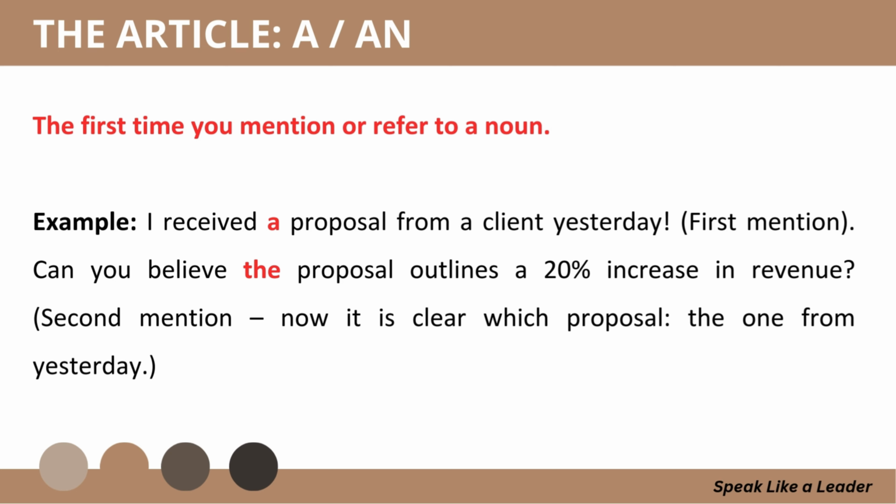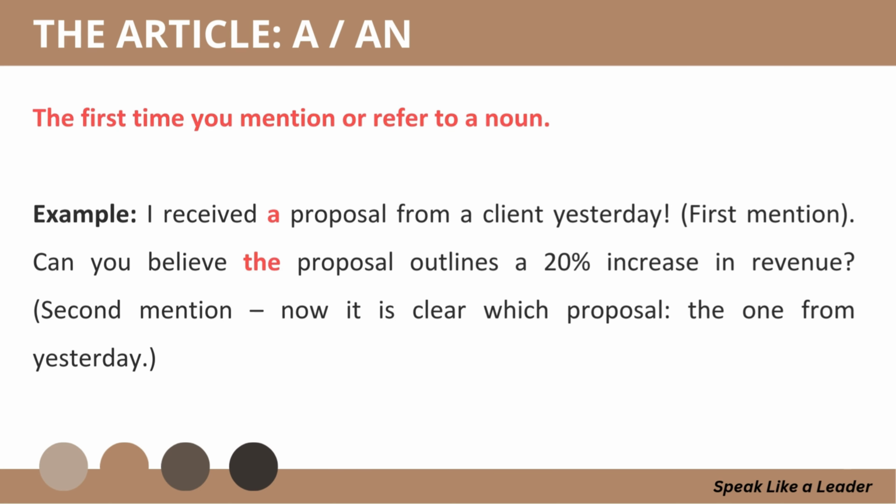Can you believe the proposal outlines a 20% increase in revenue? Now, in the second sentence, I'm going to use the because it's the second time I'm mentioning the proposal, because now it is clear which proposal I'm referring to. It's the specific proposal that I mentioned above.